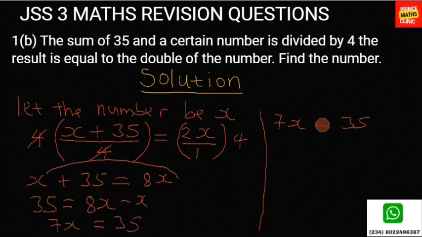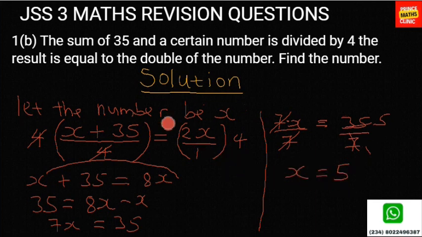In order to get x, I will divide both sides by what is multiplying x, which is 7. Divide by 7, divide by 7. 7 will cancel 7. And 7 here 1, 7 here 5. Therefore, x, which is the unknown, is equal to 5. So that is the solution to question 1b.